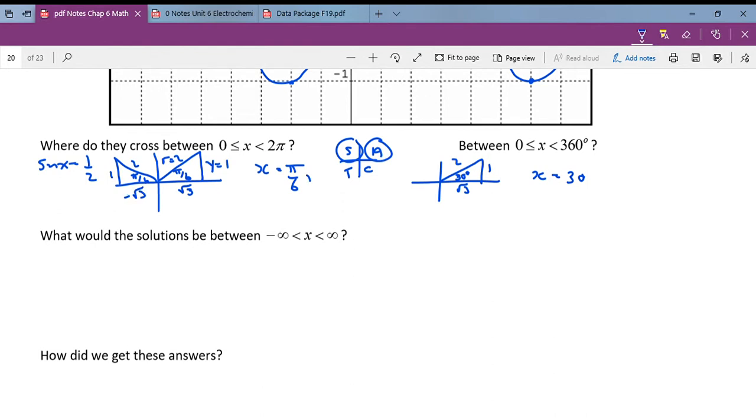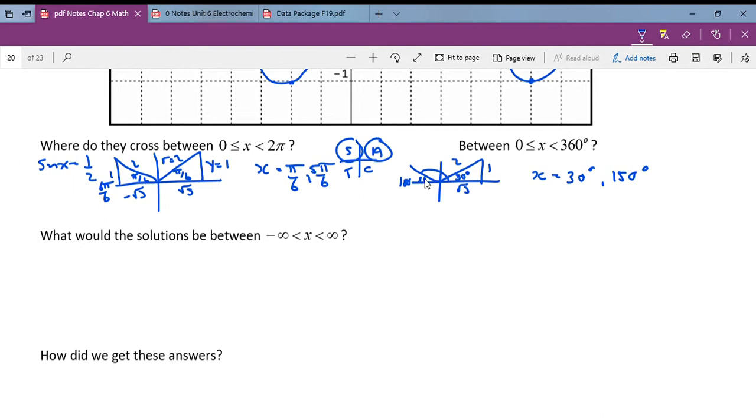So pi would be 6 pi by 6, and 6 pi by 6 minus pi by 6 would make my second answer 5 pi by 6. Or in degrees, if my reference angle was 30 degrees, then this angle would be 180 minus 30, which is 150 degrees. So my two answers between 0 and 360 degrees are 30 and 150, or between 0 and 2 pi, pi by 6 and 5 pi by 6.